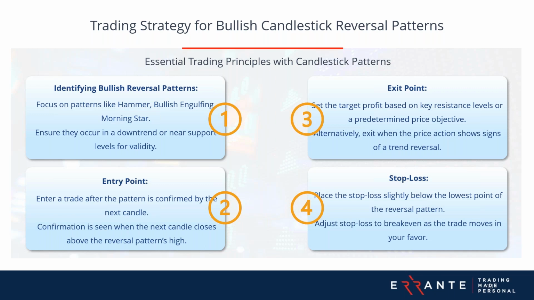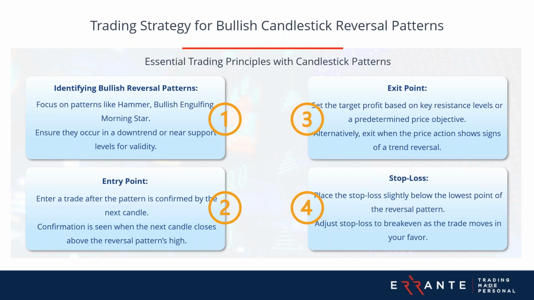It doesn't matter what kind of candlestick pattern you identify, or whether you know the name or not, you will be able to trade it in the market. So let's begin with the identification of bullish reversal patterns. Key patterns to watch for are the hammer, bullish engulfing, morning star. These three you see a lot, and also the three candles up.